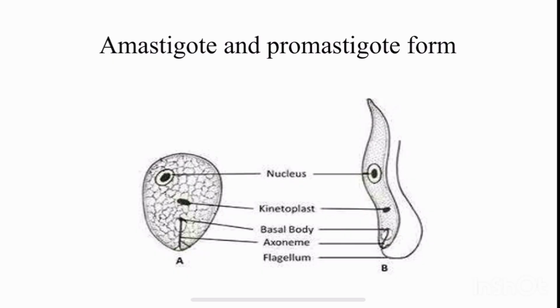Both have a nucleus and a kinetoplast, which is a mitochondrial DNA remnant. From the kinetoplast, the flagellum arises. The inner portion of the flagellum, which is intracellular in this protozoa, is known as the axoneme, and the axoneme continues as the flagellum in the outer part of the cell.